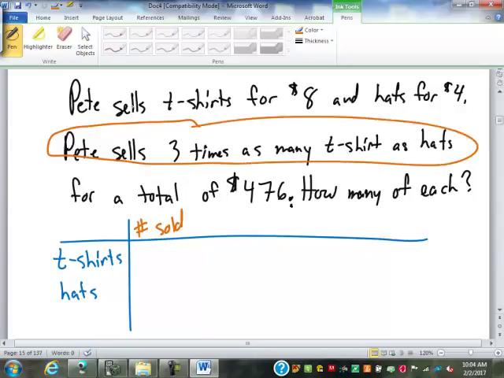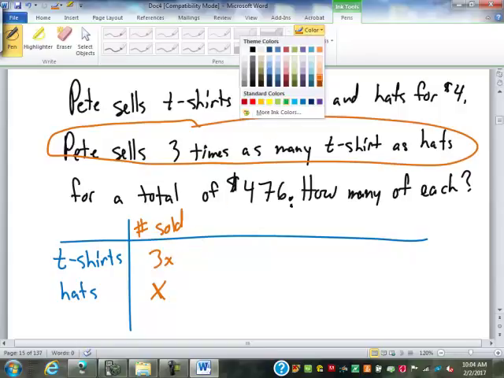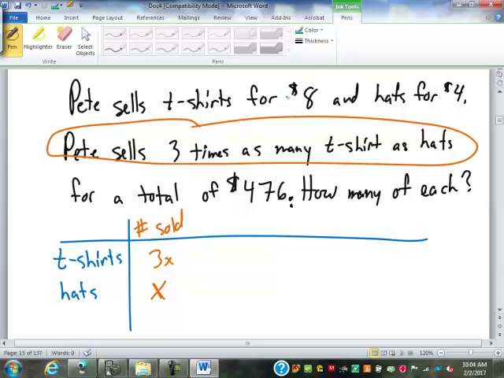So x will be hats. T-shirts will be 3x again. 3 times as many hats. But we're not given the total number of items sold. It's not 3x plus x that equals anything. We're given the total dollars. So we need to find the dollar amounts for each item. The dollar amount for an item is equal to the price times the number sold.